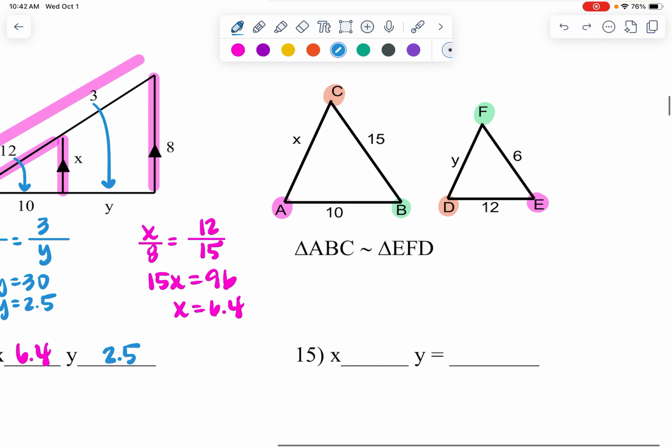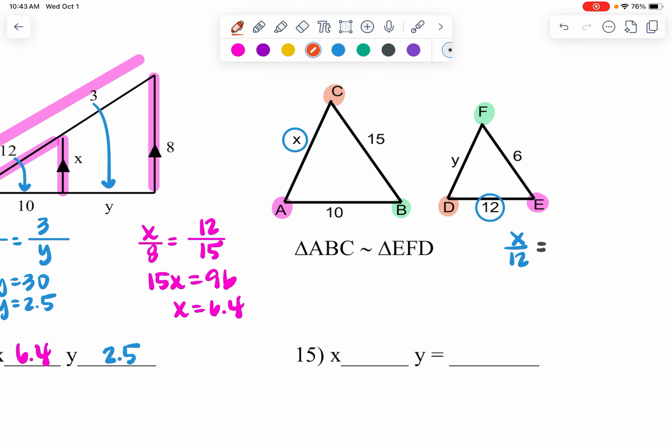All right, so let's see, I'm solving for X. Well, X corresponds to the other one between the pink and the orange, which would be the 12, right? So X corresponds to 12 as, sorry, let me pick a different color. I'll just use bright orange.